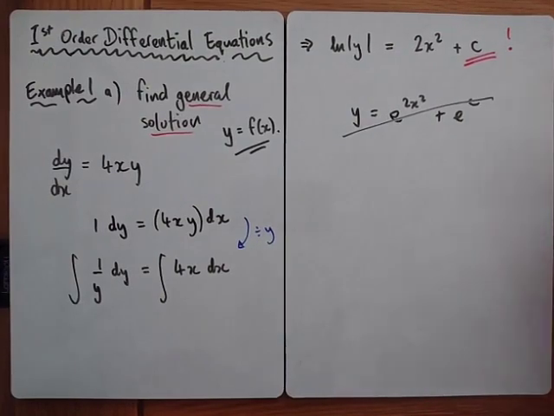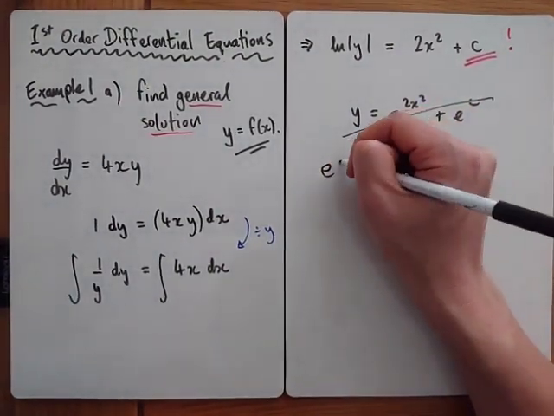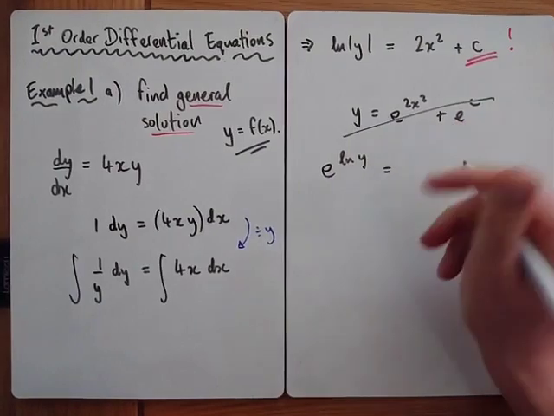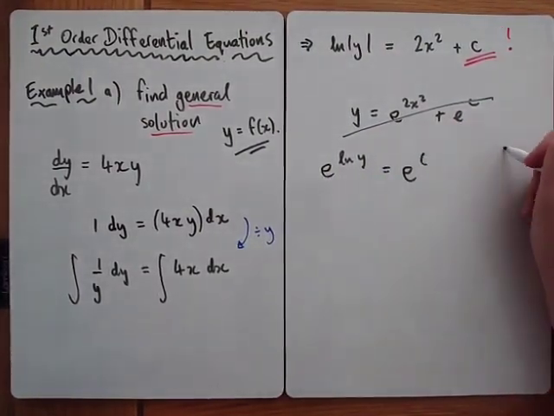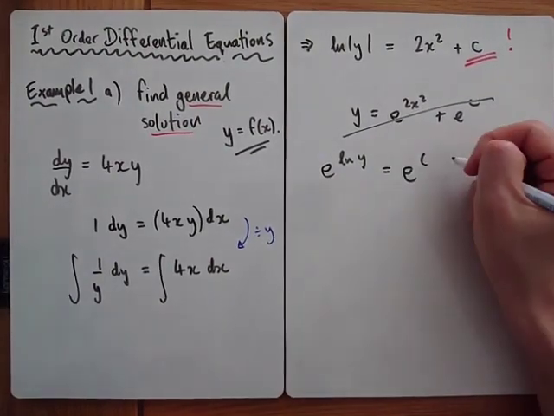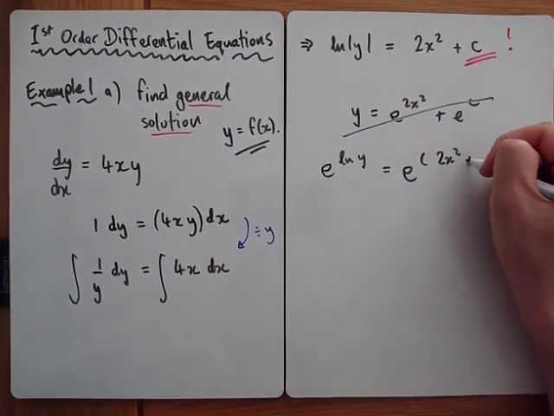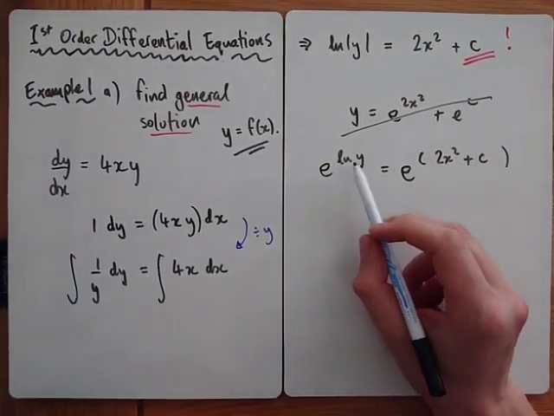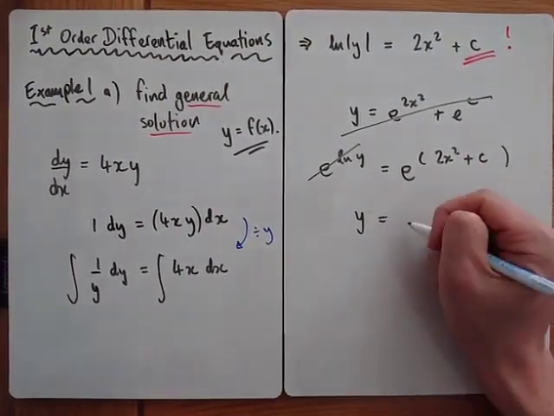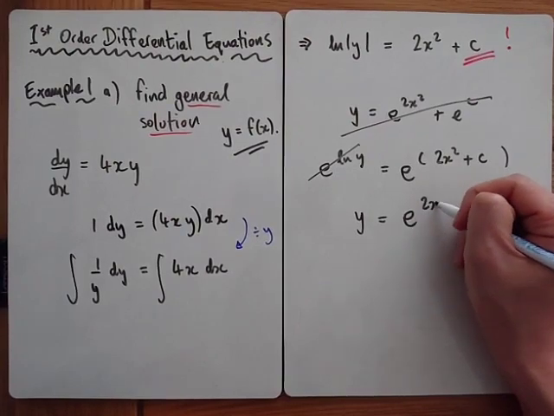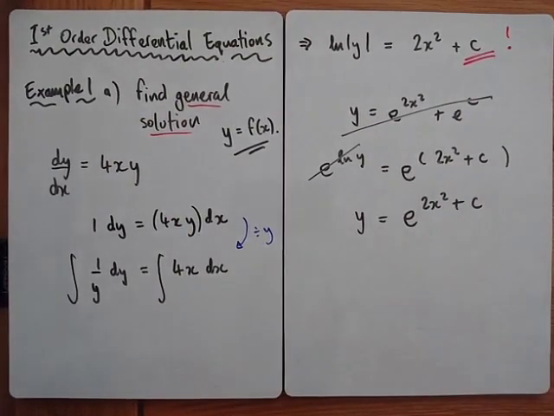You need to understand that when you apply a function to one side of the equation, you have to apply it to the whole of the other side of the equation. Okay, so we would be left with e and ln cancel because they're inverses, so y would equal e to the power 2x squared plus c. So the exponential would have to be the whole thing.